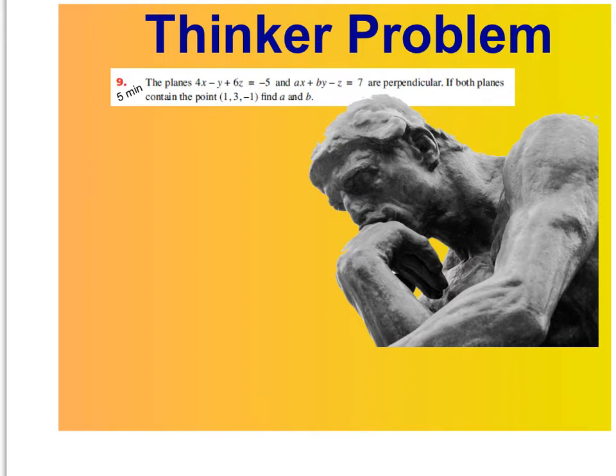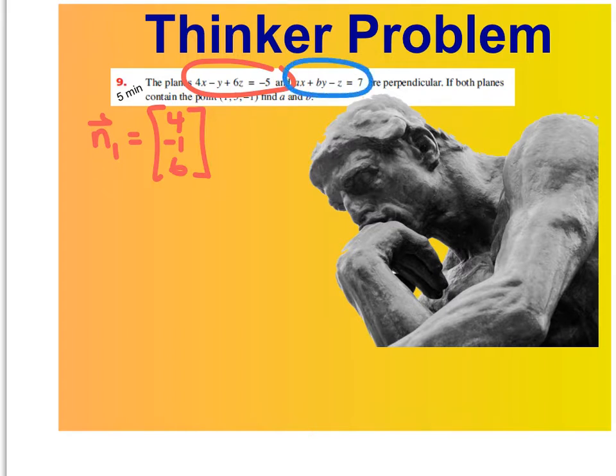What that tells me is that the normal vector for the first plane would equal 4, negative 1, 6. And the normal vector for the second one would be A, B, negative 1.